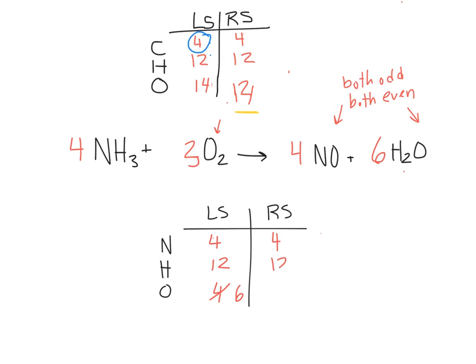So now we have 4 nitrogen, 12 hydrogen, and 4 plus 6 is 10. We are so close, I can taste it. We're going to change our coefficient in front of this oxygen to be a 5, so that we get 10.